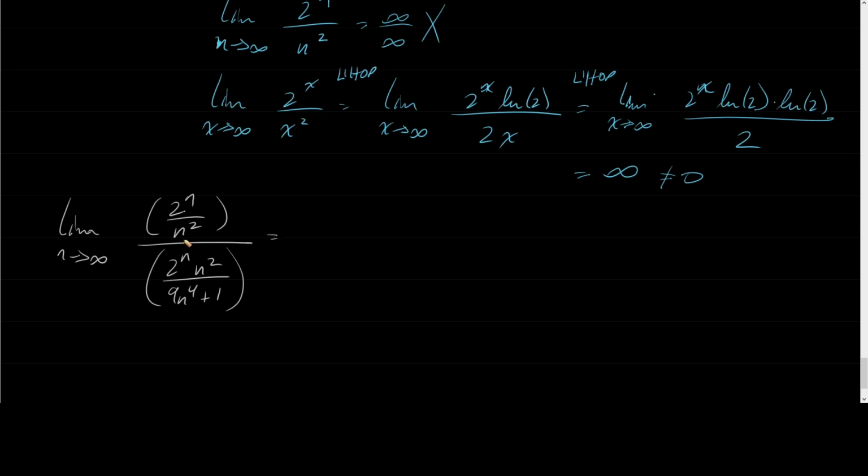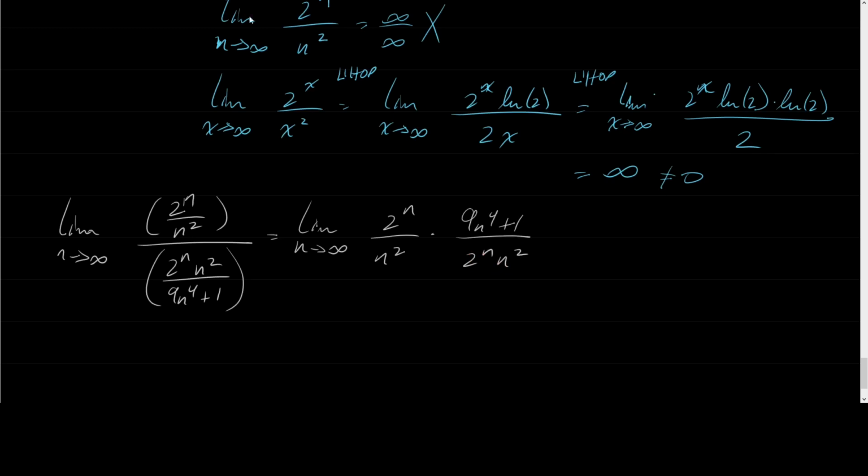We have a fraction being divided by another fraction, so we know that really means multiply by the reciprocal. So I have 2 to the n over n squared times 9n to the fourth plus 1 over 2 to the n times n squared.